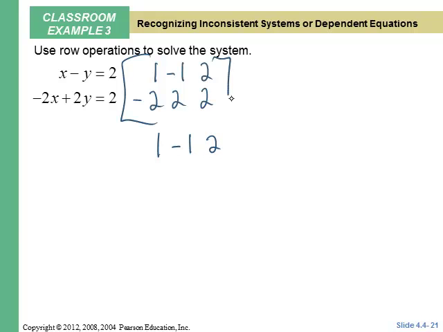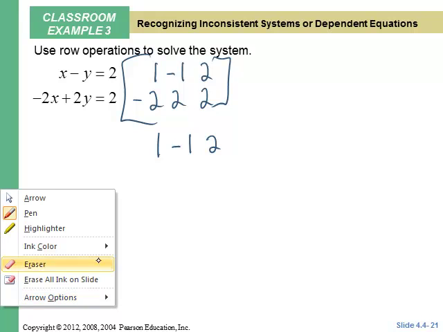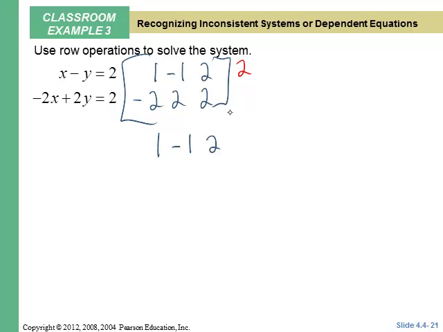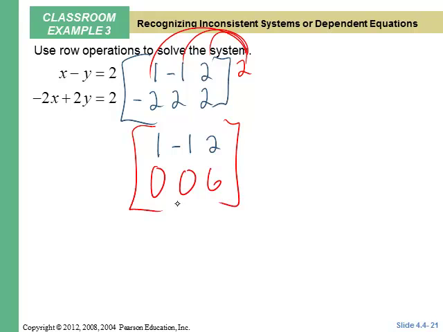If we multiply the first row by 2 and add it to the second row, we get 0. 2 times negative 1 is negative 2, add 2 is 0 again. 2 times 2 is 4, add 2 is 6. So you have 0x plus 0y equals 6. That never happens. So your answer would be the null set.